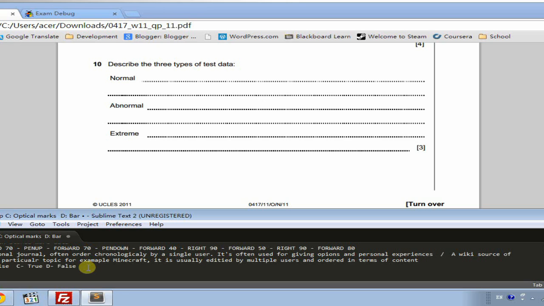So 10 or 15 or 18 would be normal test data. Data that is within the range. This should be fair enough. You might need to, again, explain in as much detail as you can.